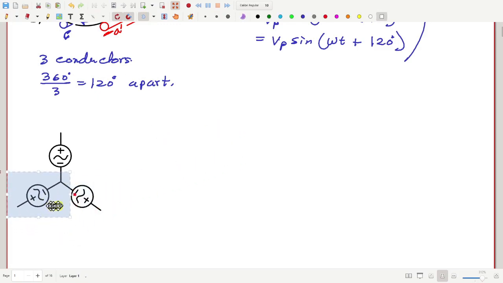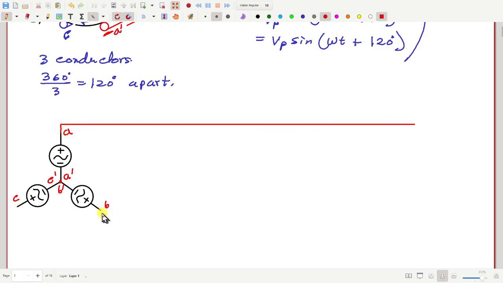Suppose this is terminal A and A prime, this is terminal B and B prime, this is C and C prime, of 3 generators or parts of one single generator. Now we can connect all the prime ends, A prime, B prime and C prime together, and unprime ends are left open, floating. Then we will take long transmission lines or conductors from the generating station like this.